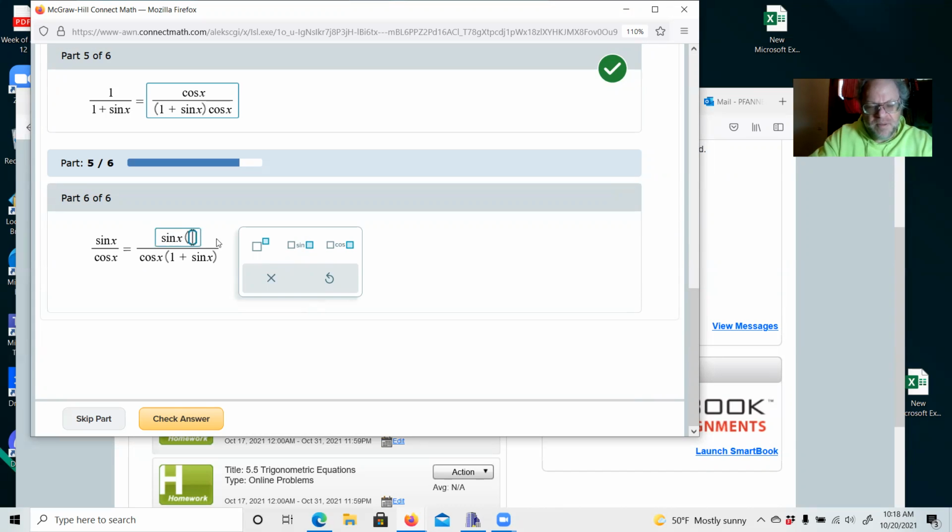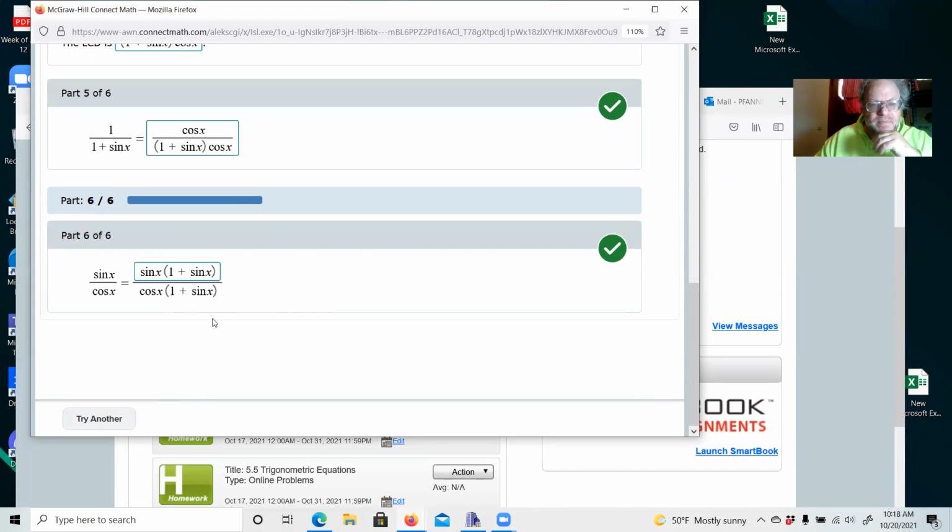We multiplied by 1 plus sine x. And that's what we wanted. Sine x over cosine x, and then multiplying on the right by 1 plus sine x. Okay.